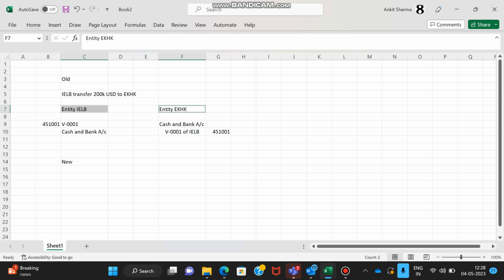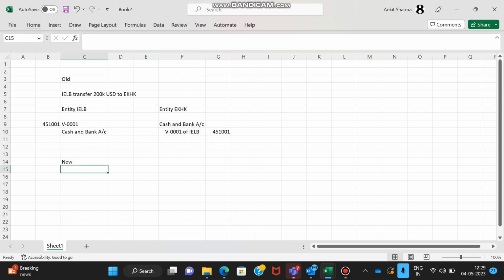So there might be a question of reconciliation if the entry is posted in the books of accounts of IELB but not accounted in the books of Ekistruck Hong Kong. In that case, there might be some unreconciled item that may occur if the entry is not done at both ends.